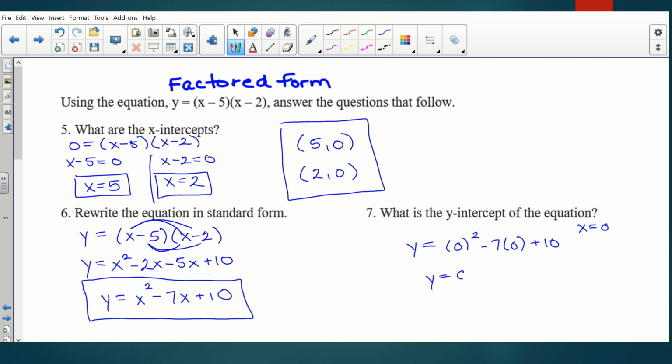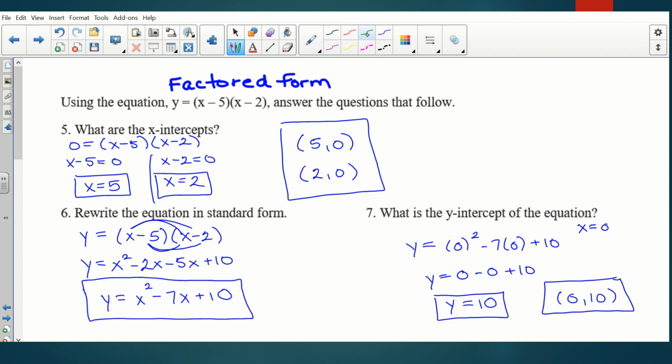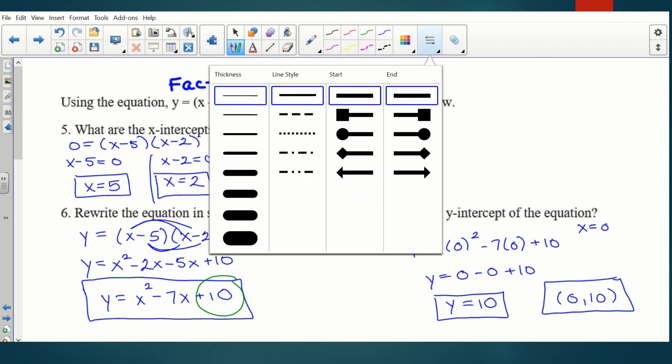All right, 0 squared is 0. 7 times 0 is 0. And you see we're left with 10. So standard form tells us the y-intercept, if you notice, without having to do any work, because the y-intercept was right here. Factored form gives us the x-intercepts, which are right here. Okay? All right, let's keep going.